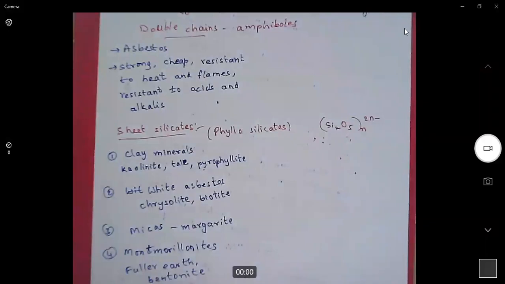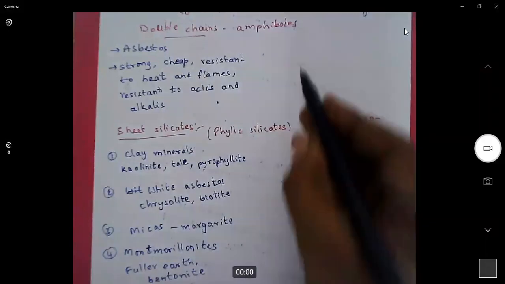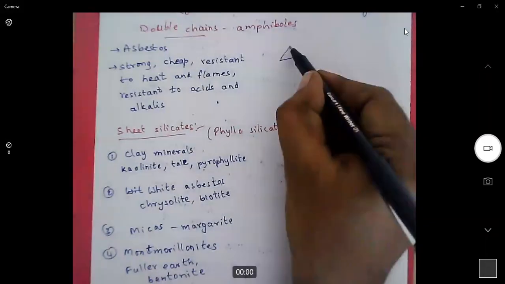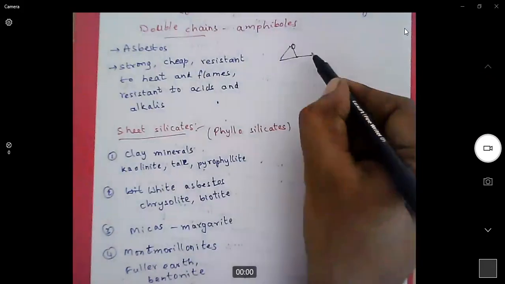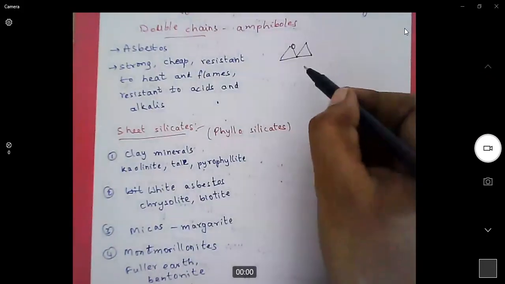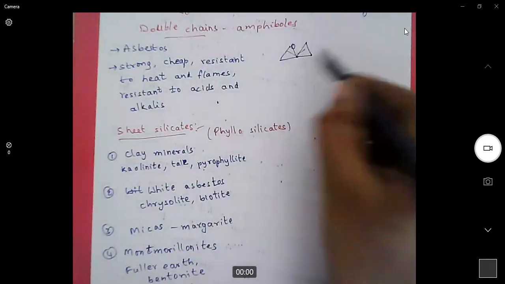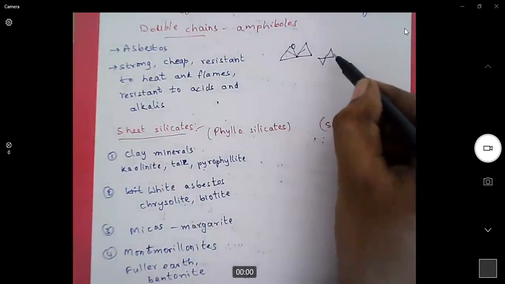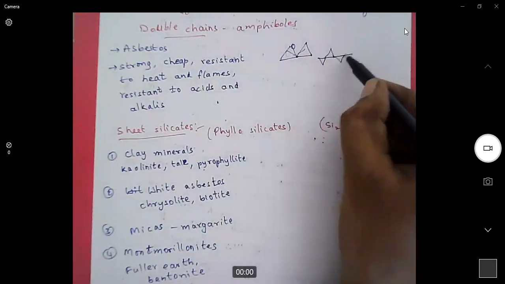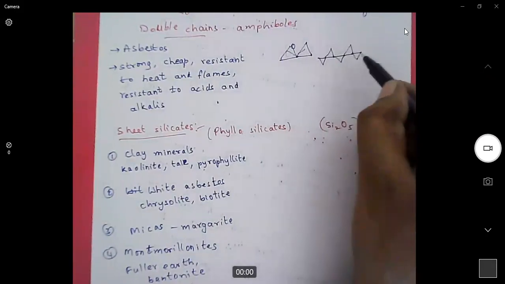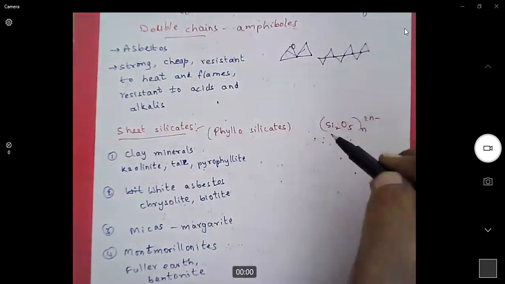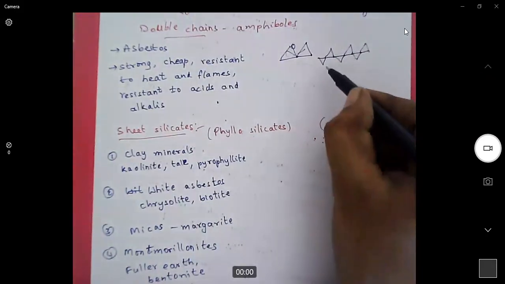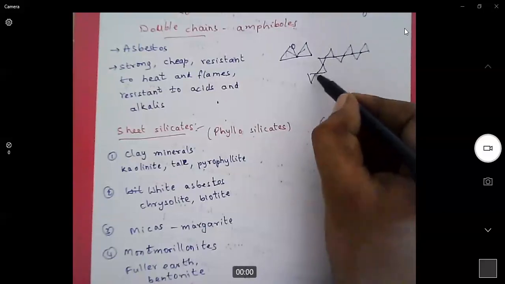The double chains are represented like this. For simplicity, I'm not writing oxygens and silicon. So this is one chain and it is attached to another chain like this.